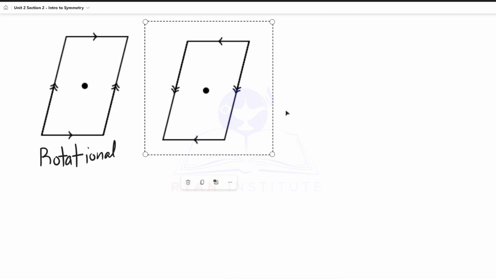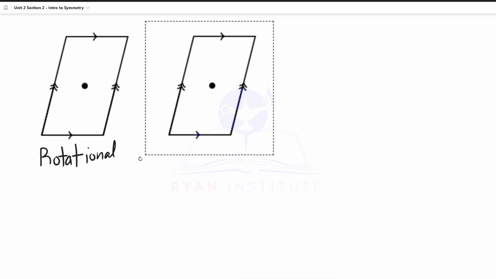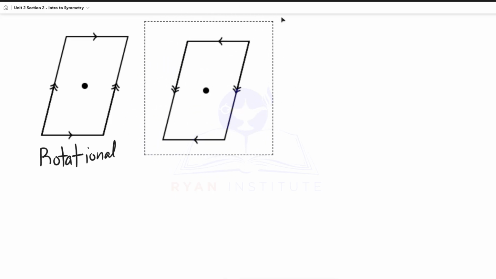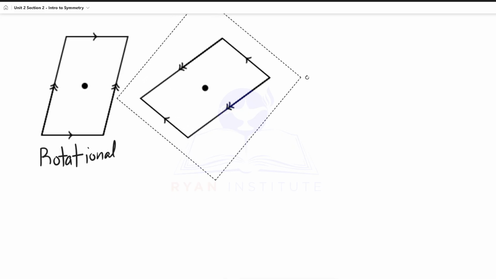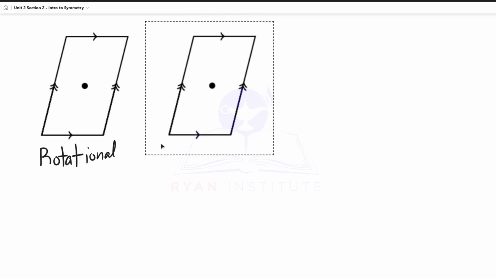Its rotational symmetry is 180 degrees. Because as you can see, at any other angle outside of 0 degrees, which is the original, and 180 degrees, there are no other angles in which the rotation would make it look symmetrical.